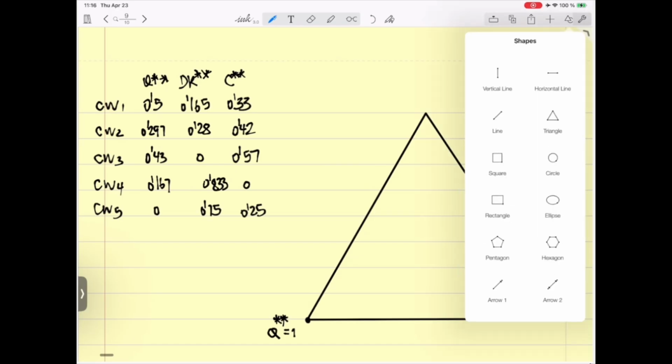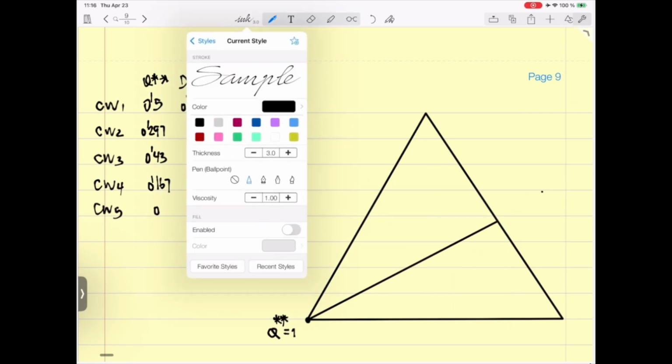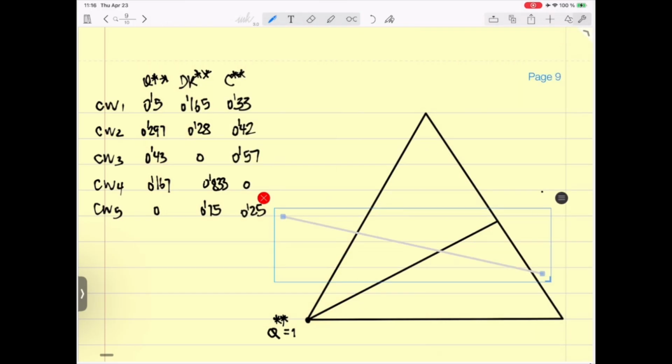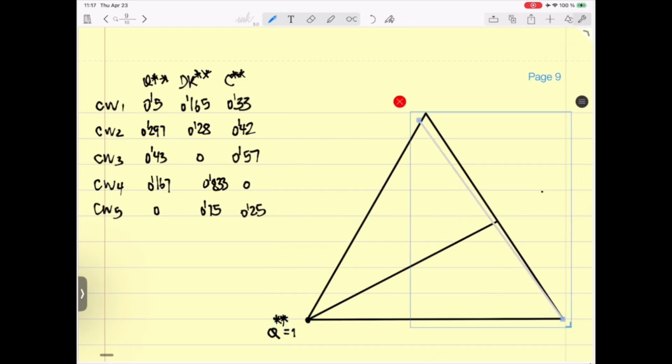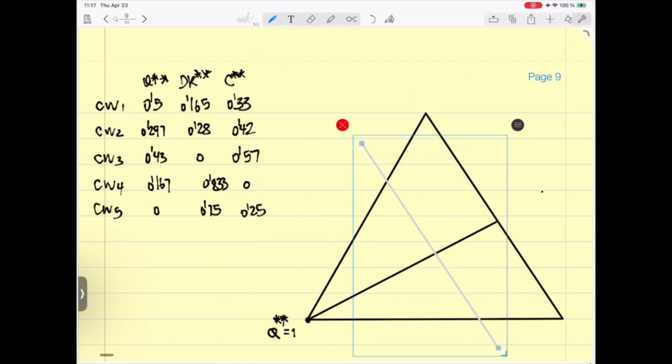And then if we put a line between this point and the midpoint of the other side of the triangle, like this, all the points of this line have values of quality equal to 0. And all the points at this vertex have values of quality equal to 1. In the middle, somewhere here, have values of quality equal to 0.5, and so on, okay?